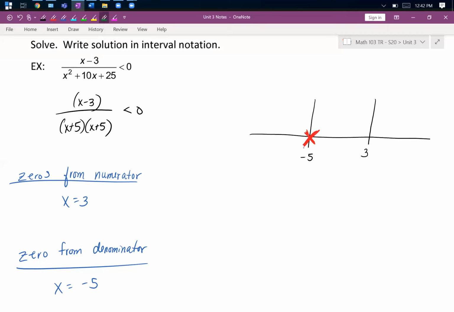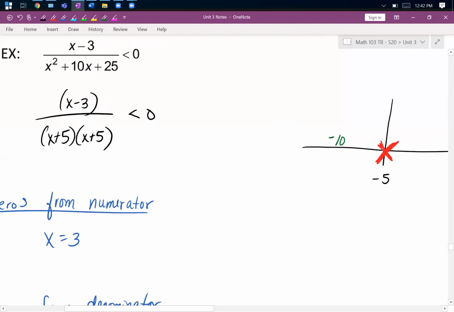So choosing a number less than -5, I'll plug that in. Now, we usually talk about our even-odd rule for positives and negatives just in multiplication, but that whole even-odd rule is true for division as well. It's just rarely do we divide numbers, but it works here as well.